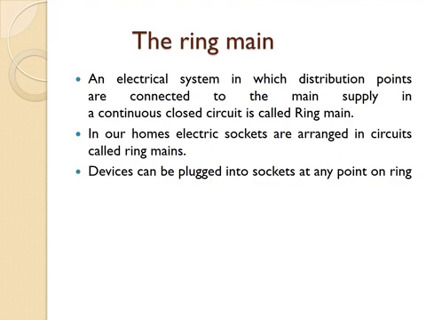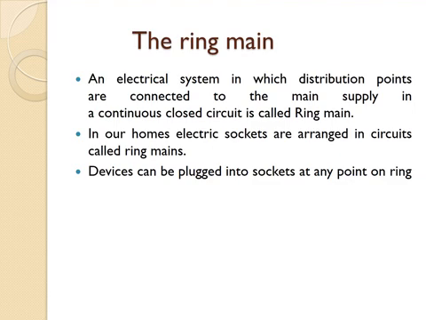So these sockets are basically on the main line. These are the distribution points on which we have the sockets. So all this is called the ring main, and the devices can be plugged into the socket at any point.